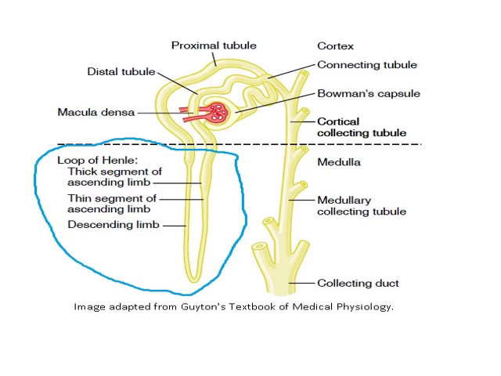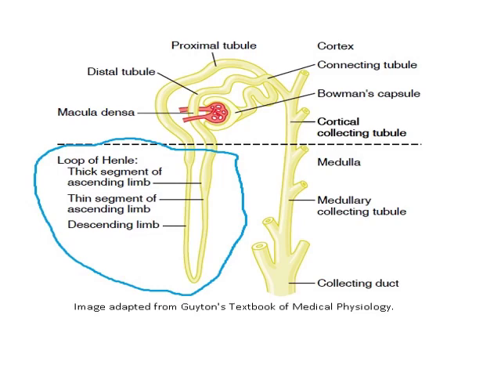Now you can see the loop of Henle. The loop of Henle has a different arrangement of cells: you can see the thin segment of the descending limb and the thick segment of the ascending limb. The lower portion of the loop is very thin, and the upper portion of the ascending limb is very thick.